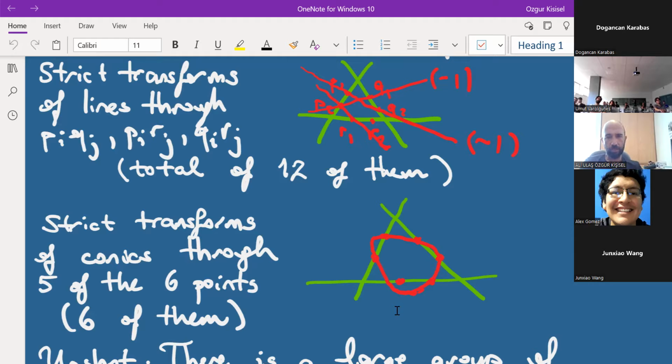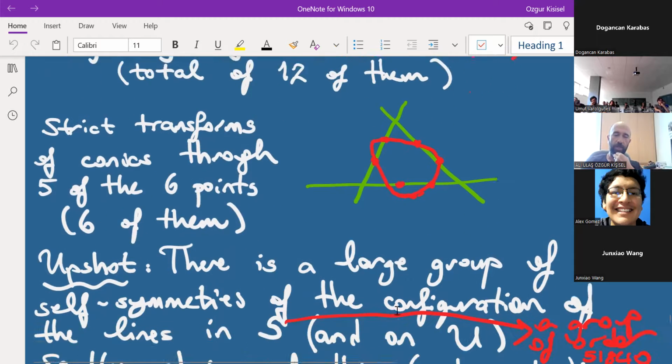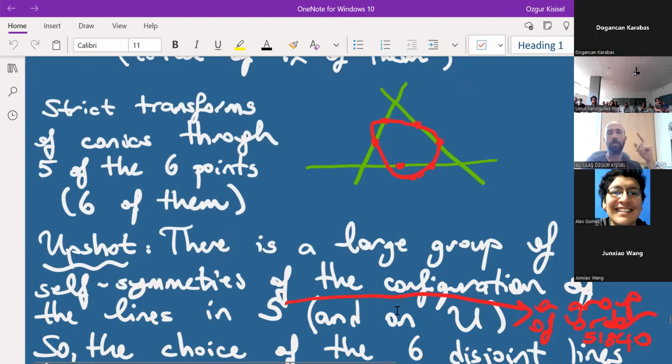Now the upshot is, okay, we can view things backwards, right? Coming from U down to this toric model, we have to blow down a sextuple of disjoint lines, right? Disjoint -1 curves. But the point is, this cubic surface has lots of symmetries. More precisely, the configuration of lines, if you think of it as an abstract configuration, has a large group of symmetries.